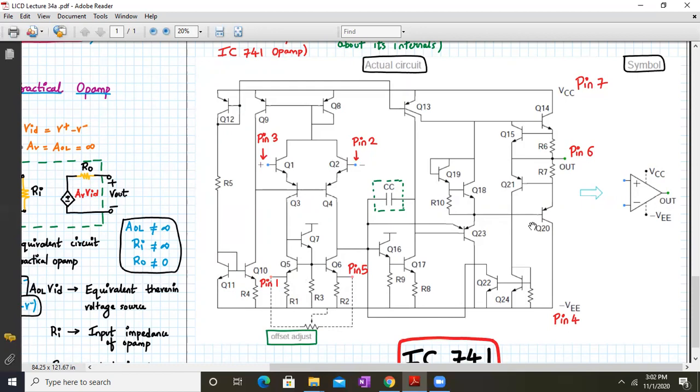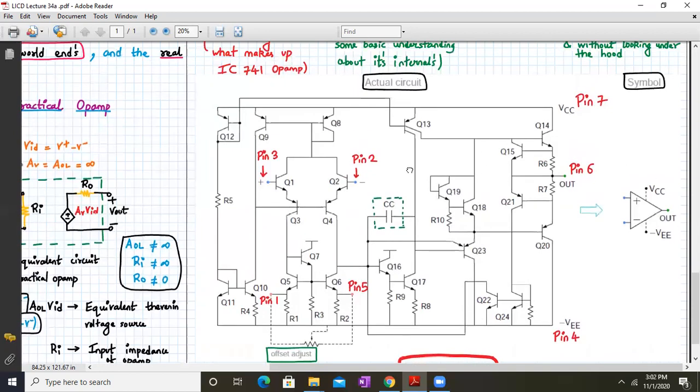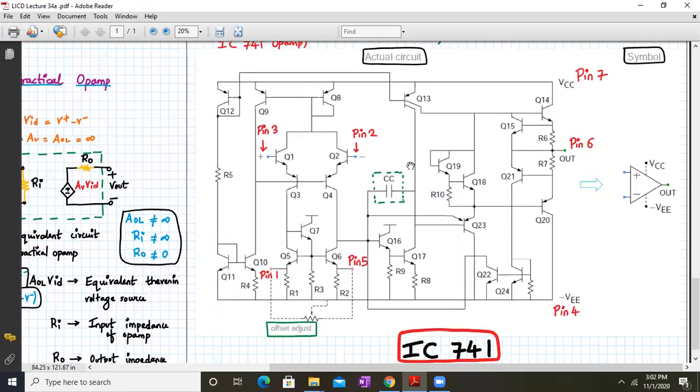If you see, we have skipped the entire internal working of an op-amp. Rather than that, we have concentrated on how it will operate if external components are connected to this op-amp. So this is like peeking under the hood. Basically, this is what an op-amp is made up of internally. Still, we are going into very little detail about the actual circuit working.